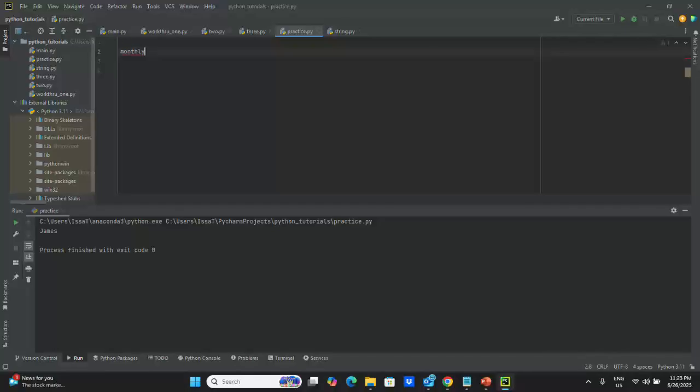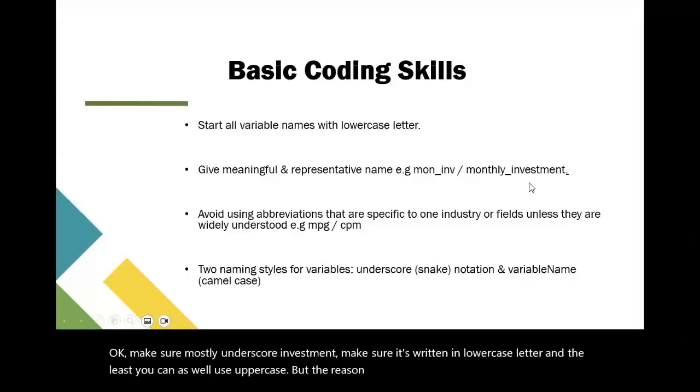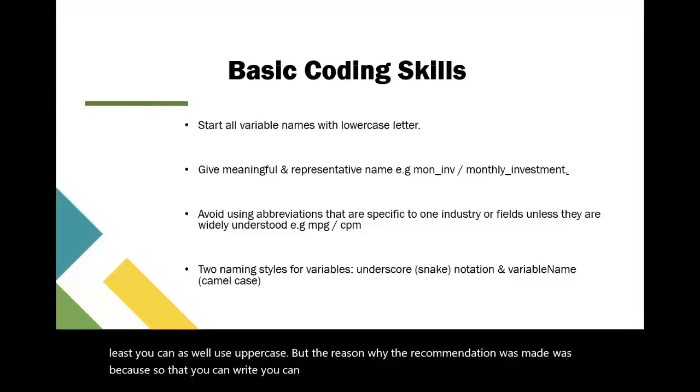Say you want to assign 5,000 to monthly investment. Make sure monthly underscore investment is written in lowercase letters. You can as well use uppercase, but the reason the recommendation was made is so that you can write or type faster.